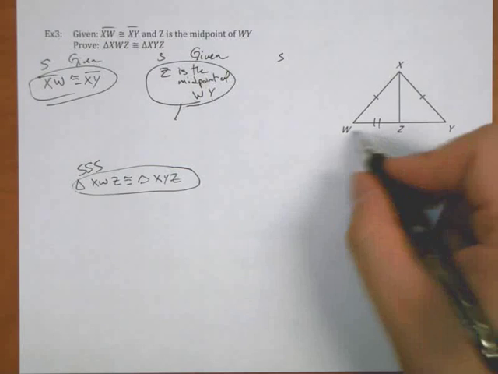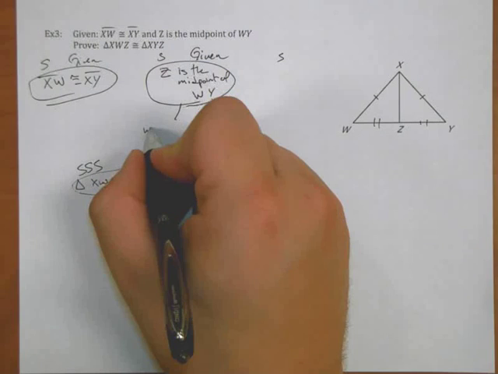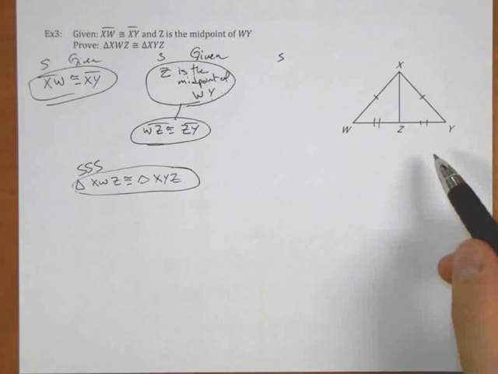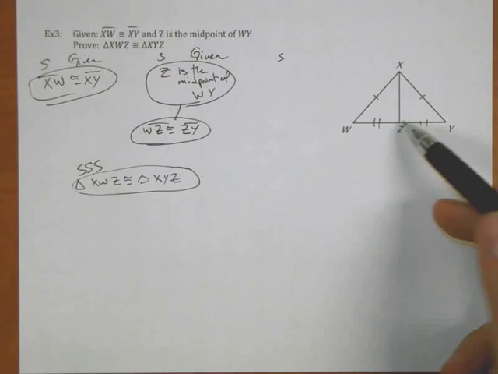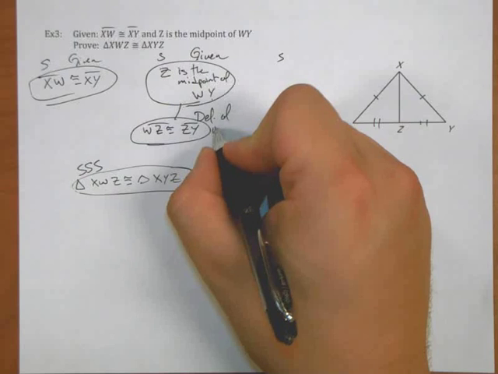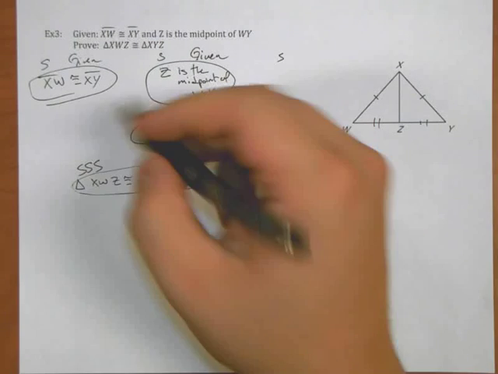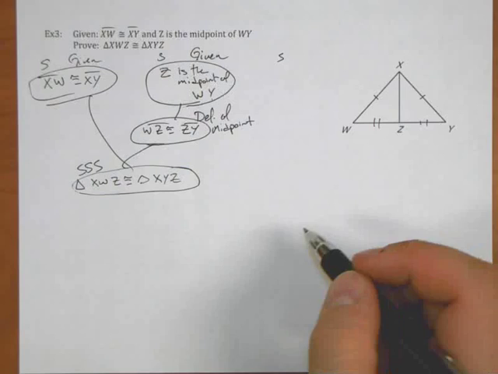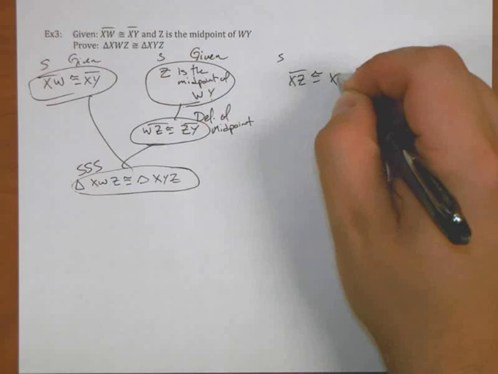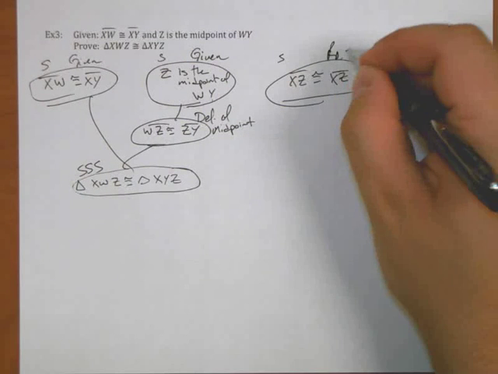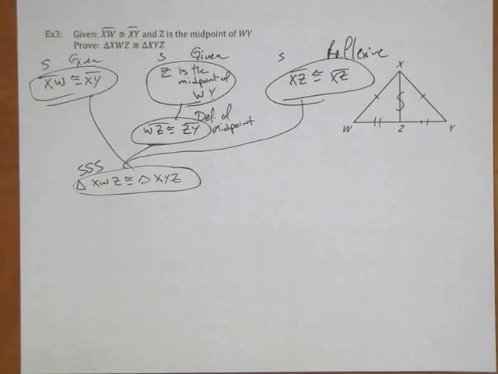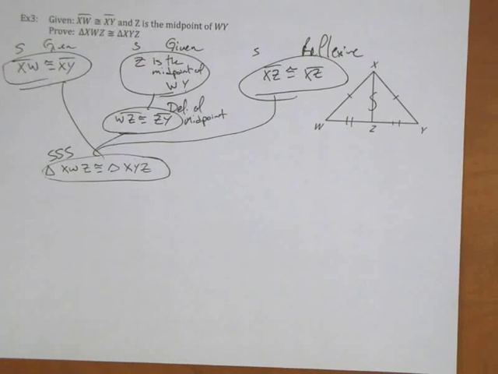Since it's the midpoint, that should mean that segment WZ is congruent to segment ZY. Why is that? Well, that's what a midpoint is. A midpoint is in the middle. So that's the definition of midpoint. The third side, sure as heck, looks like it's the shared side. And that is reflexive.